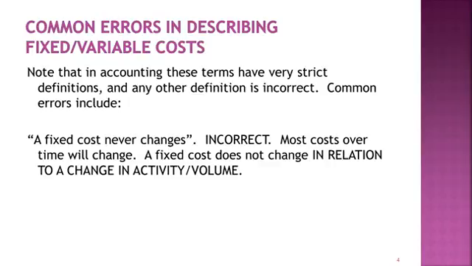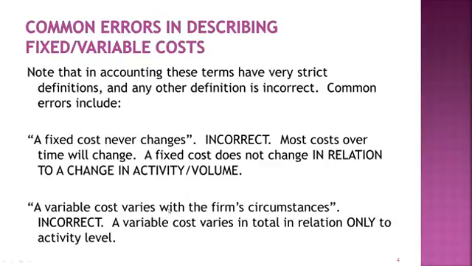Most costs over time will change, but the definition is that a fixed cost does not change in relation to a change in activity or volume. They also say a variable cost varies with the firm's circumstances. That is also incorrect. A variable cost varies in total in relation only to the activity level. So it's very important that you understand the second sentence for both of those.